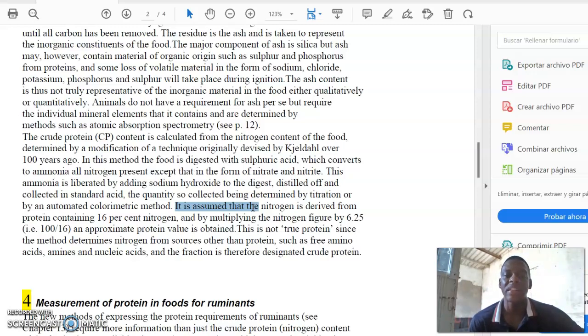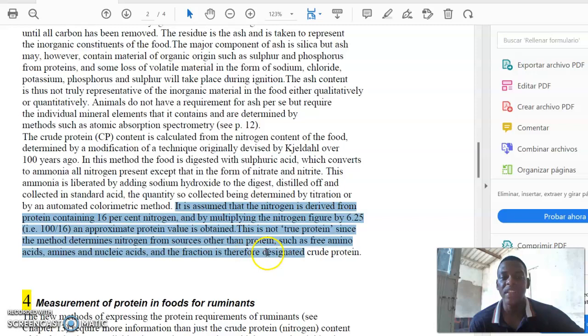This is not true protein, since the method determines nitrogen from sources other than protein, such as free amino acids, amines, and nucleic acids, and the fraction is therefore designated crude protein.